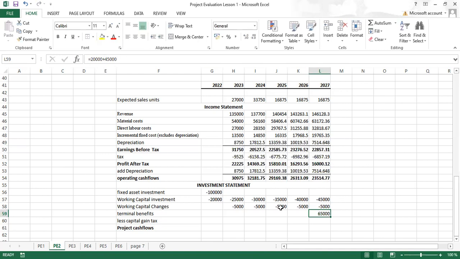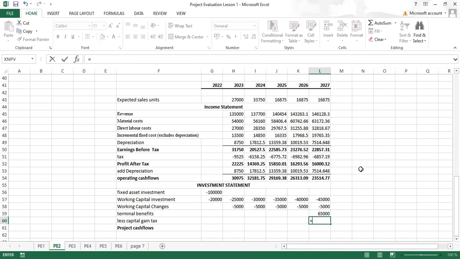It makes it change. So we come to the capital gain tax. Our capital gain tax will be our salvage value minus the book value. So it will be equals.